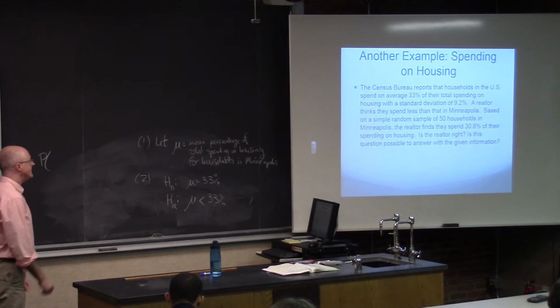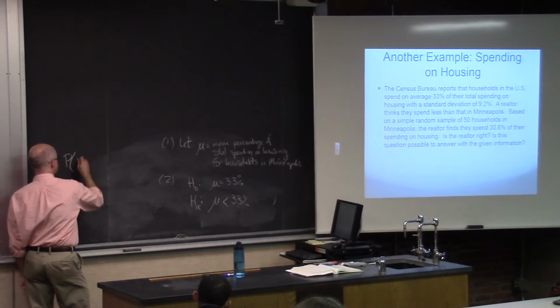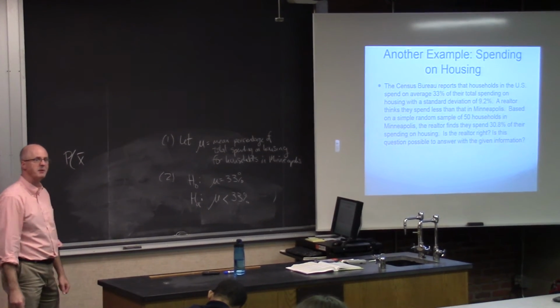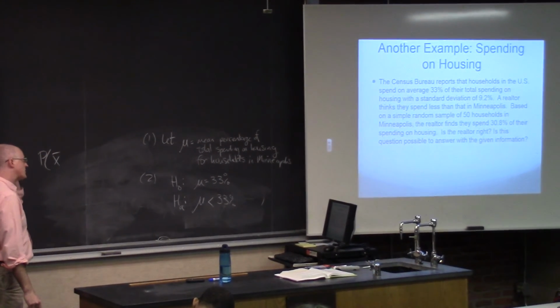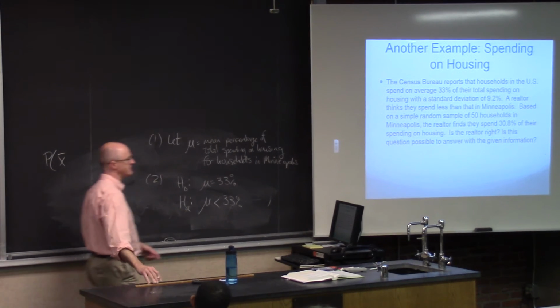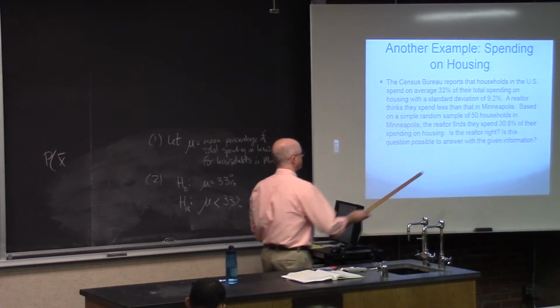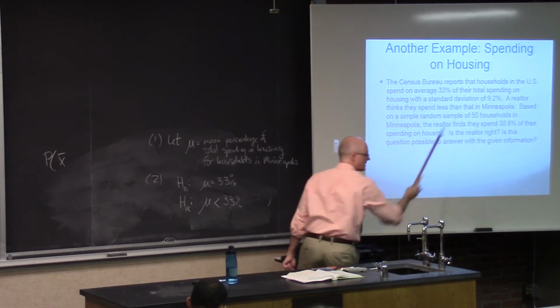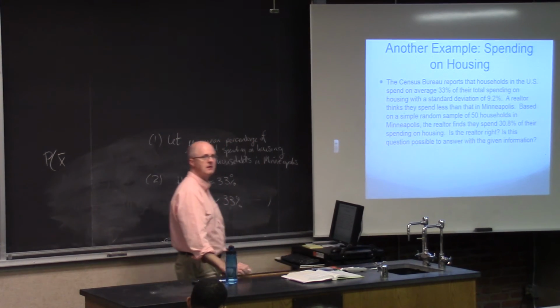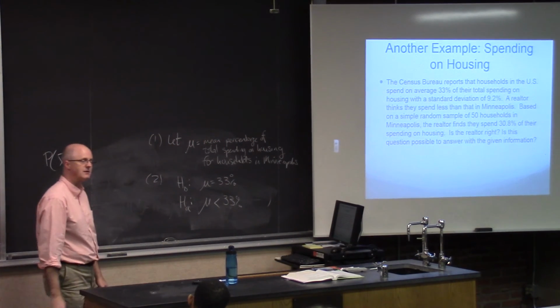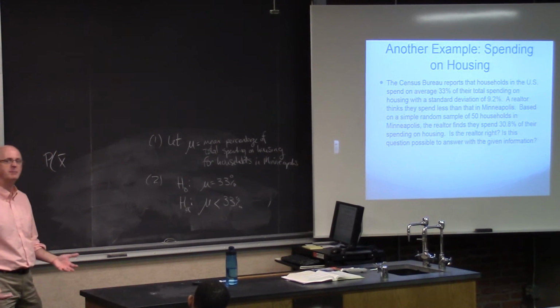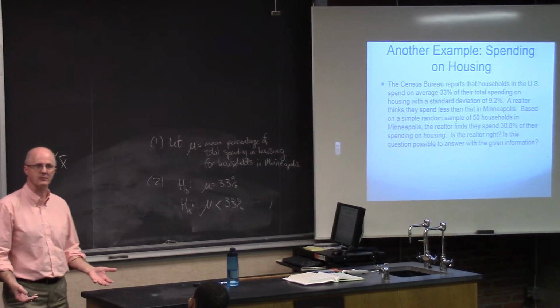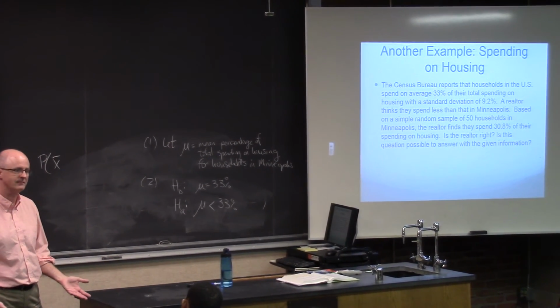What's the probability of observing an x bar sample mean value as extreme or more extreme as what was actually observed? 30.8% is what's actually observed, if you assume the null is true. That's the assumption you make when you do the p-value calculation. You assume the null is true. You give it the benefit of the doubt.